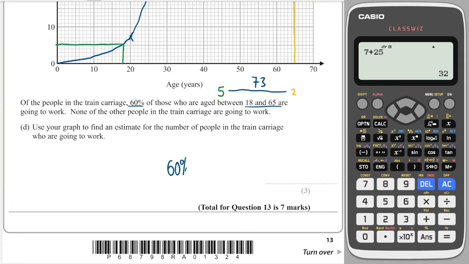So we take 60% of 73, and we get 43.8. So roughly 43.8. So the number of people I'm going to guess at 44. Remember, it does say estimate, and it says the number of people, so it does have to be a whole number.